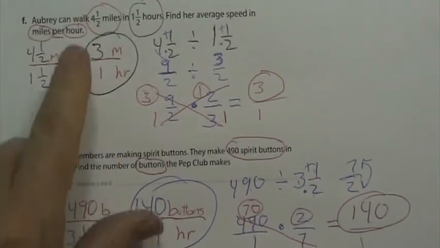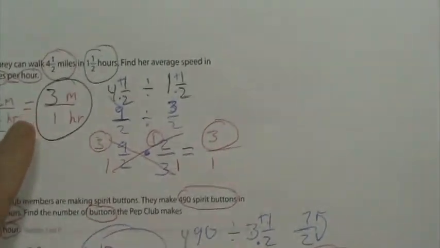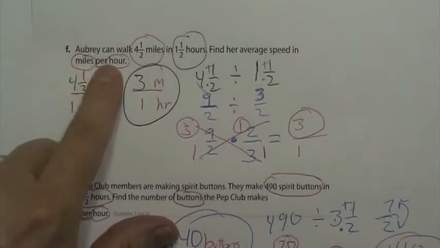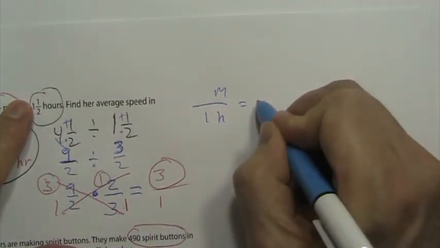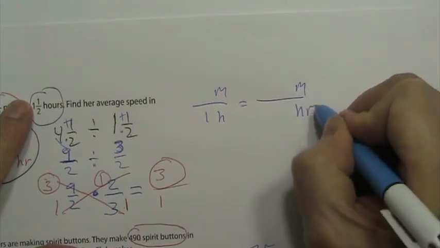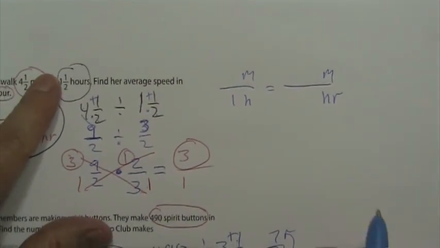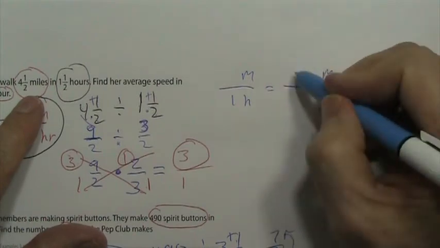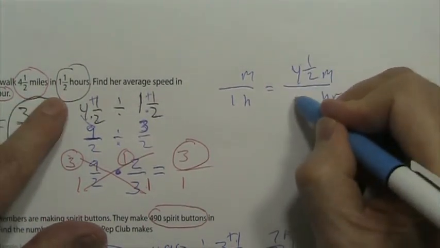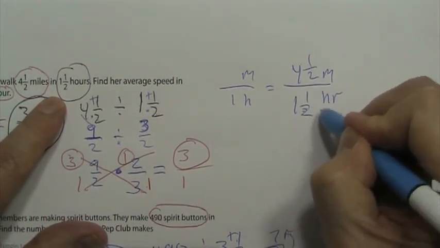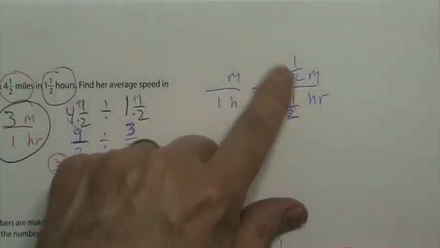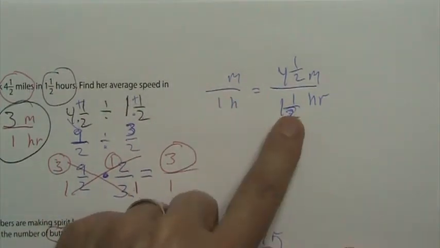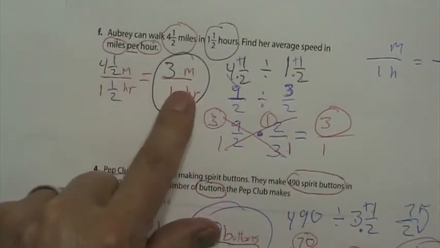Okay, just a side note, when doing these problems, if you want to, for example, we said it's miles per hour, miles per 1 hour, you could do this, and then put the information on this side. That's okay. Then you could say, oh, it's 4.5 every 1.5 hours. You could do that. And then calculate it. If that's easier than writing it this way.